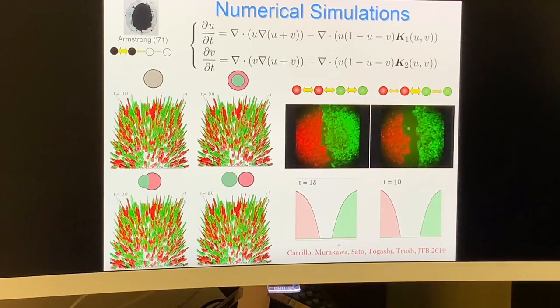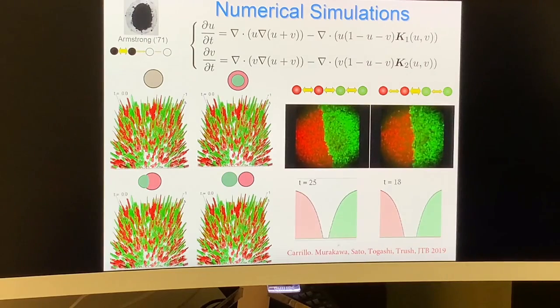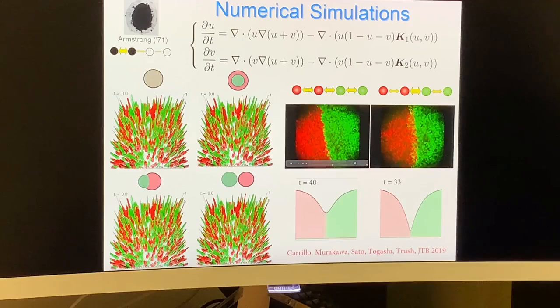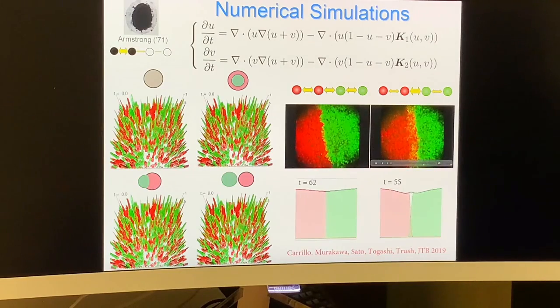Then you see the evolution, and when they meet, in this case they produce a perfect propagation front between the two species, while here they have an area of mixing in which the reds and the greens are intermingling with each other, and the model recovers the size of that intermingling zone.